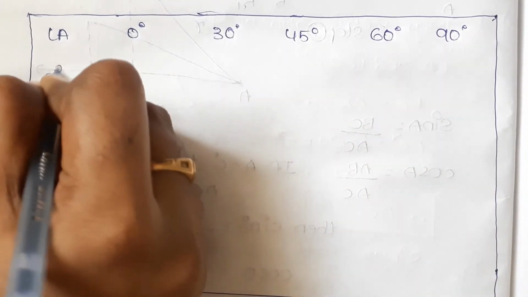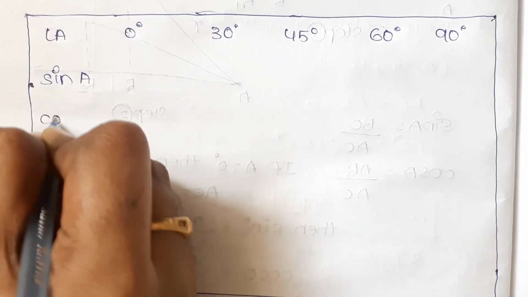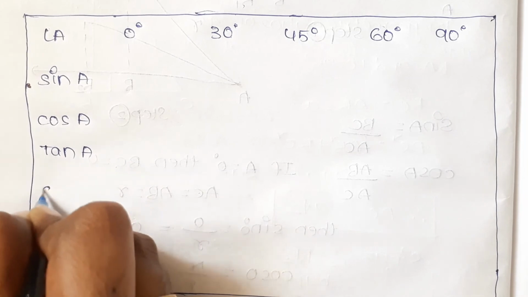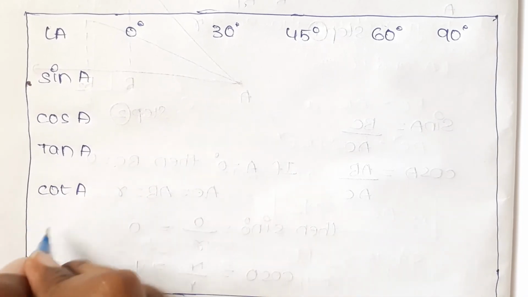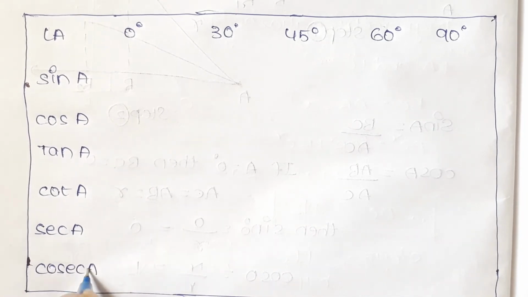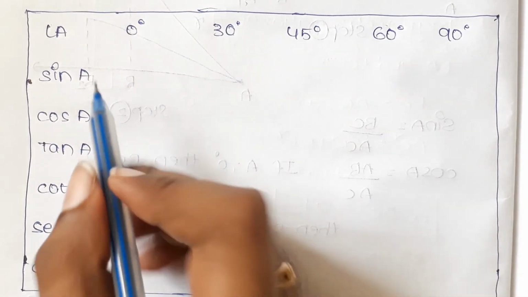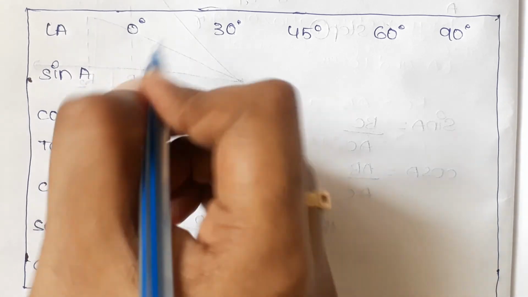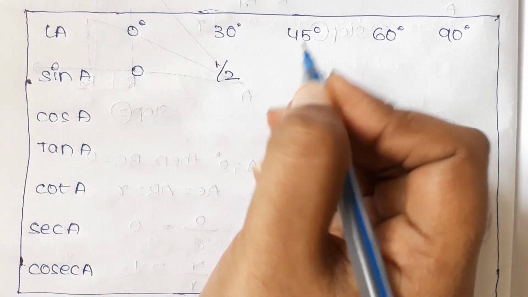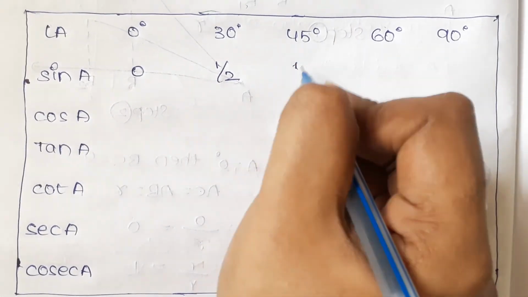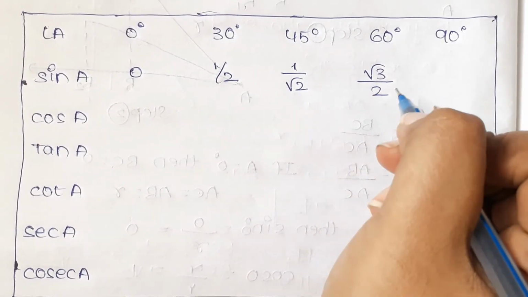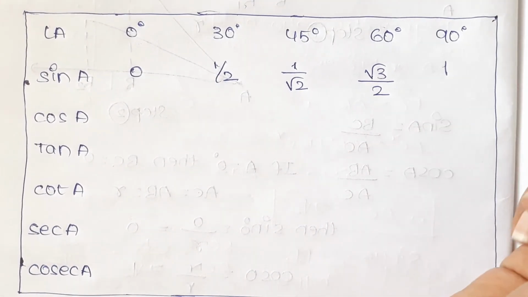And now sin A, cos A, tan A, cot A, secant A and cosecant A. And now we know that sin 0 is 0 and sin 30 is 1 by 2, sin 45 is 1 by root 2, sin 60 is root 3 by 2 and sin 90 is 1.